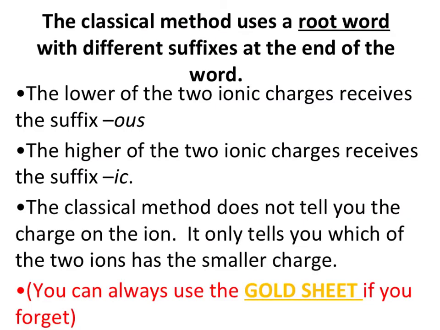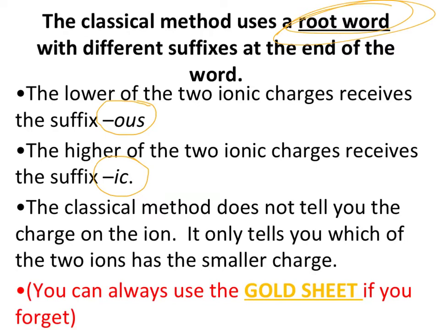Now, the classical method uses root words with different suffixes at the end of the word. So if there are different charges, the lower of the two receives an -ous ending, and the higher of the two receives the -ic ending. Remember before we had -ide for the monoatomics? Well, here we have -ous and -ic.